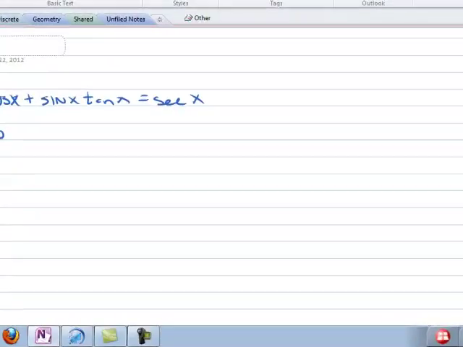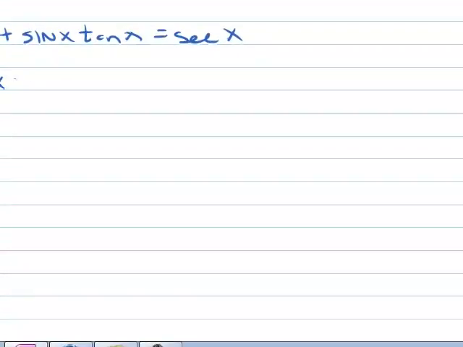Okay, so Christoph turned the tangent into sine over cosine. Okay. What can one do from there?